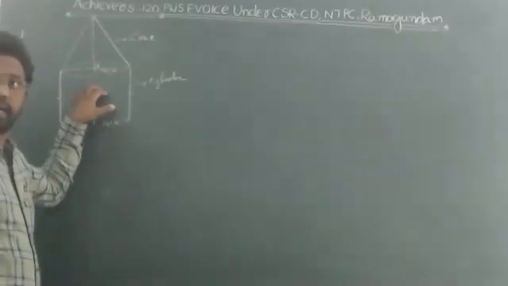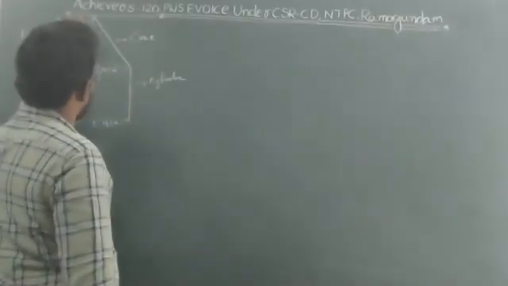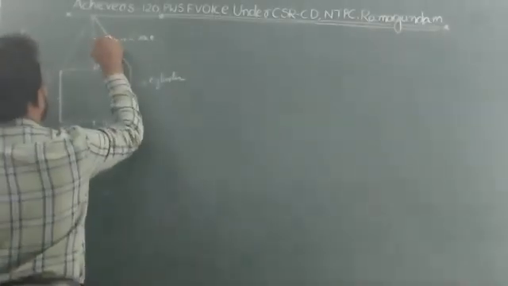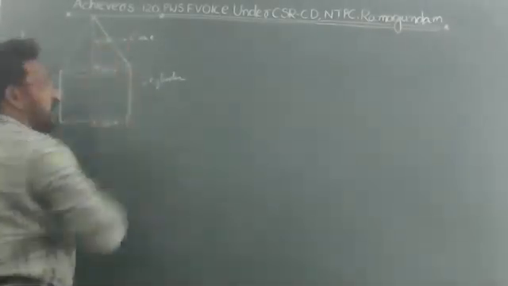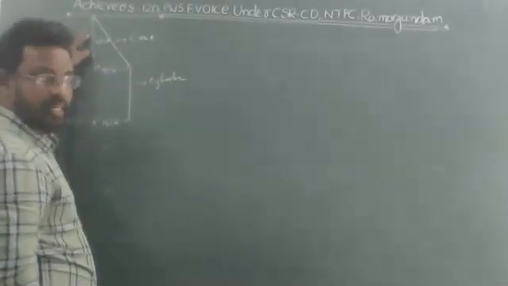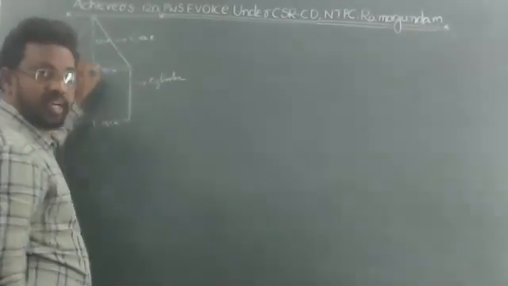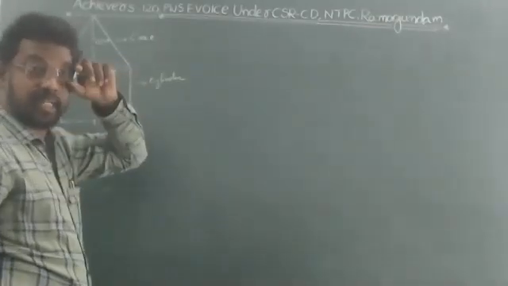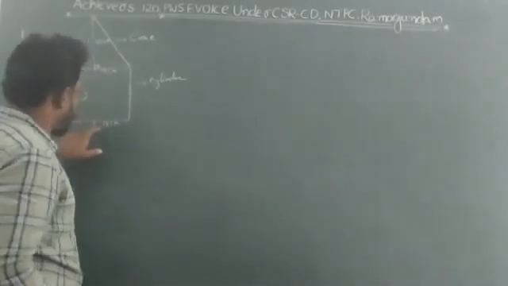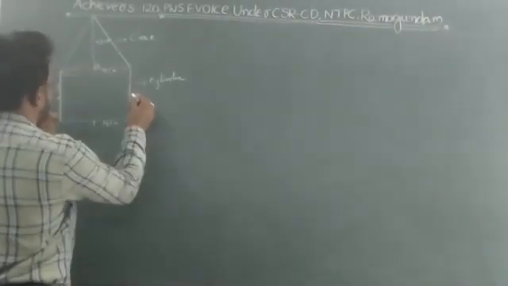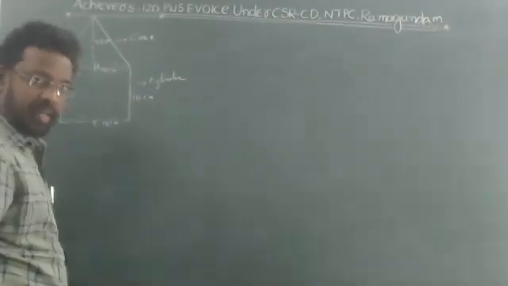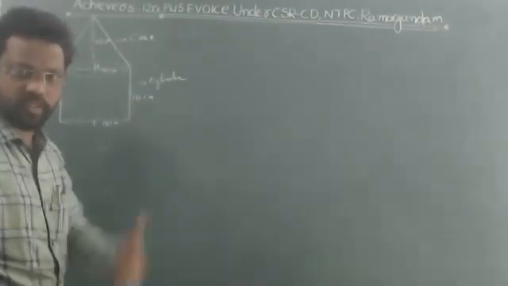Height of the cone, let us take 10 centimeters. Diameter of the cone, 14 centimeters. Even the diameter of the cylinder is 14 centimeters. Height, let us take 10 centimeters, otherwise 20, your wish.